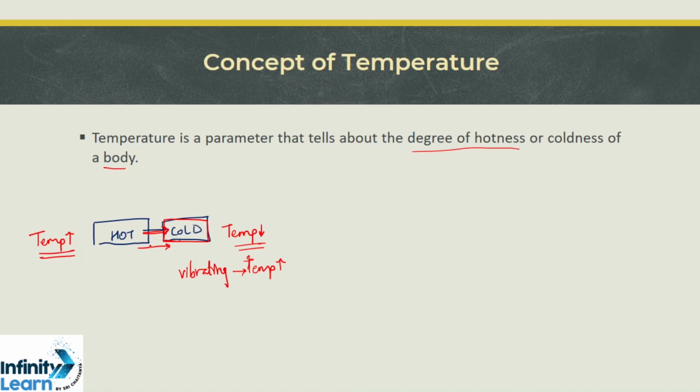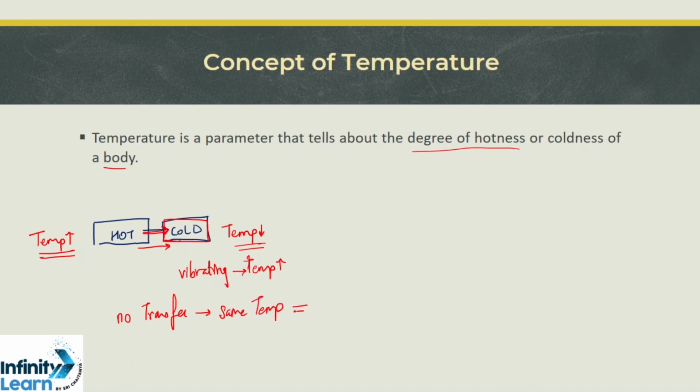As we said, if we have two bodies at different temperatures, heat flows from the body with higher temperature to the body with lower temperature. Now, if there is no transfer of heat happening, it simply means both the bodies have the same temperature.